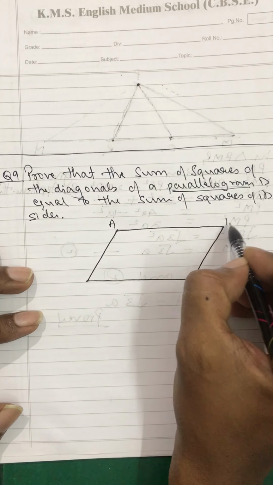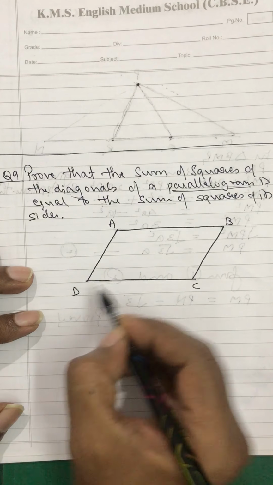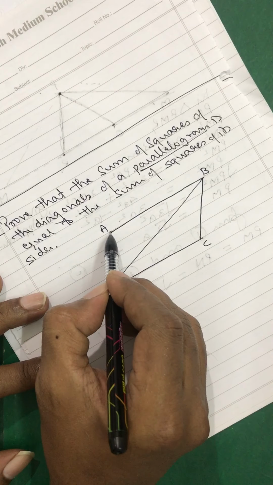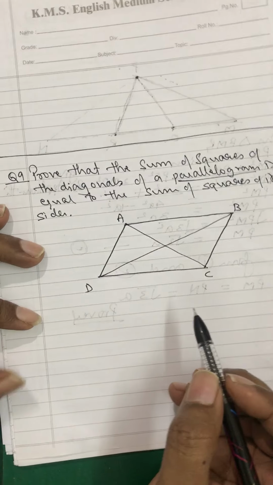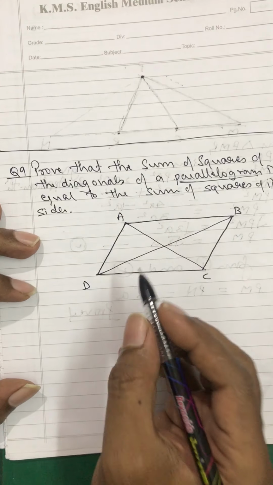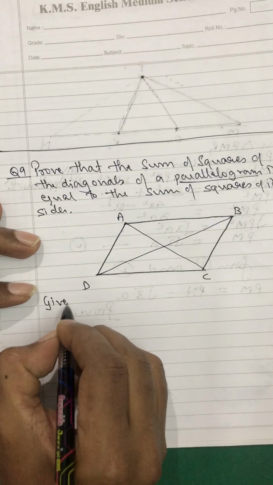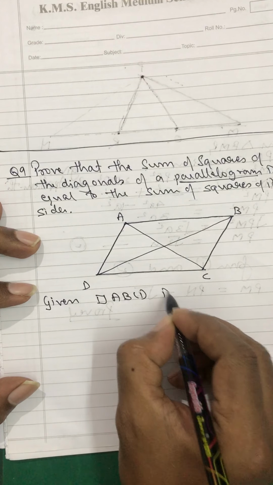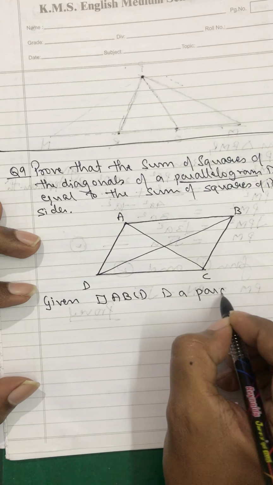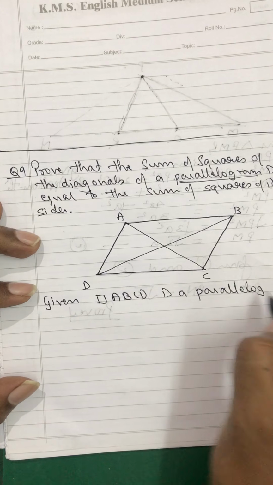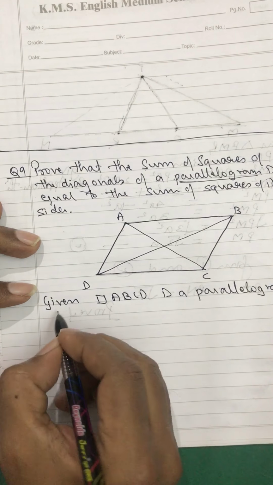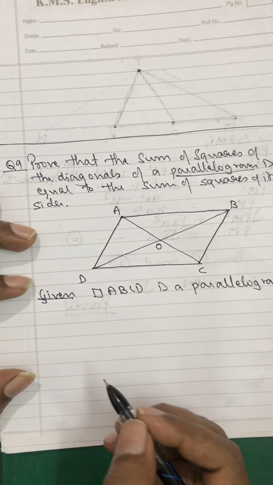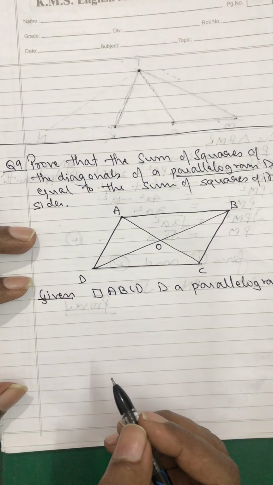We can name it as A, B, C, D. Given: quadrilateral ABCD is a parallelogram. This is the main thing. We can consider the intersection point of the diagonals as O.